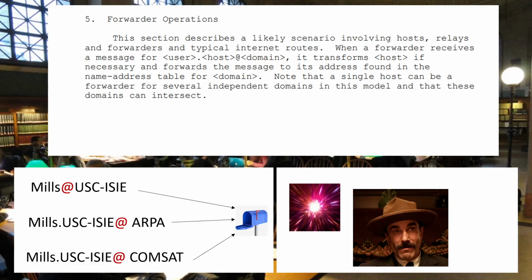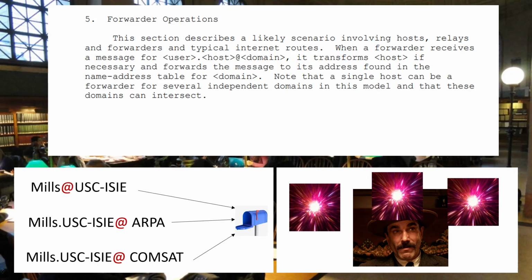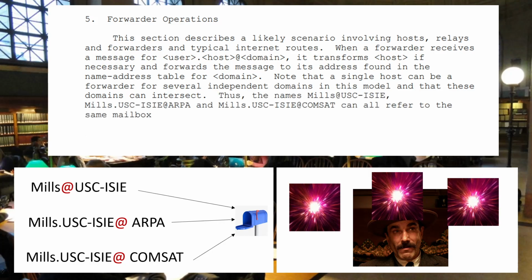So this particular forwarder passes on messages, and uses his table to put names to addresses. He actually supports many domains. And this means that the names, let's look at these three names, mills at USC-ISIE. Okay, so USC was just University of Southern California. ISI is the Information Sciences Institute, so you could imagine that ISIE is a particular computer they have in the Information Sciences Institute.